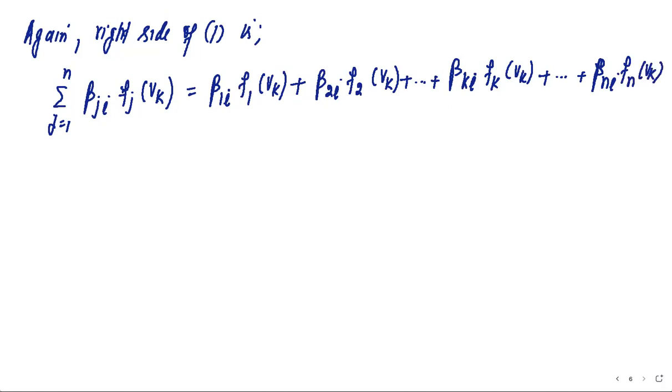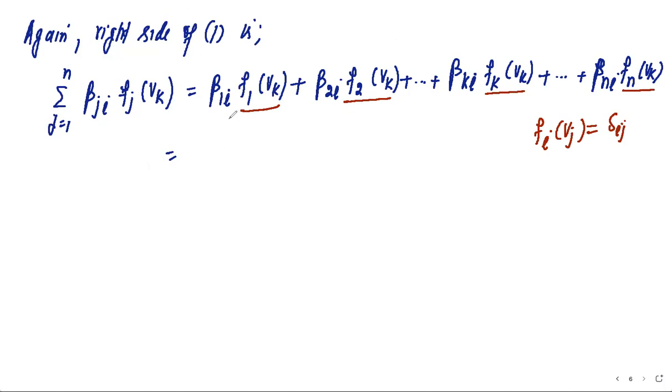Now again, using the definition of these linear functionals, fi of vj is equal to delta ij. So using this, f1 of vk is 0, f2 of vk is 0, and fn of vk is 0, and fk of vk is equal to 1.